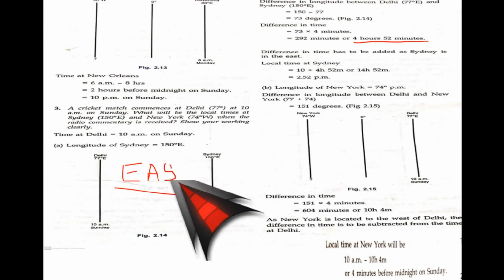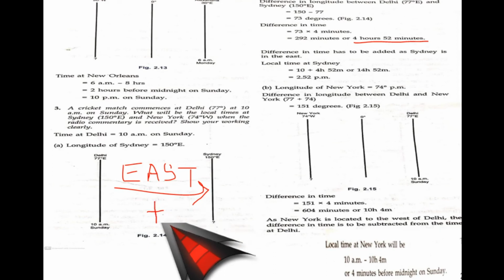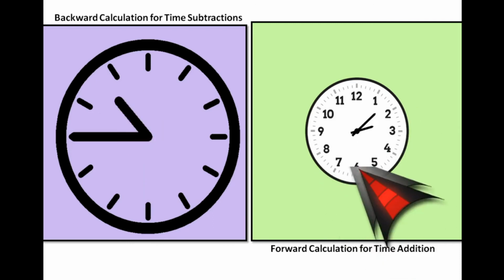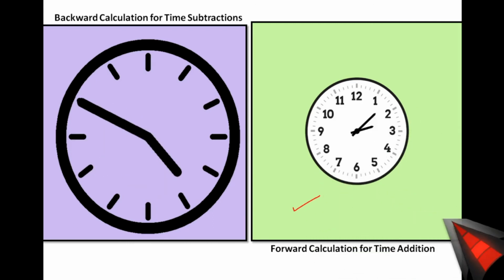As Sydney is situated further eastwards, as we know, the time difference is going to be added. So 4 hours and 52 minutes we will add to our current time. We will follow the forward calculation for time addition.